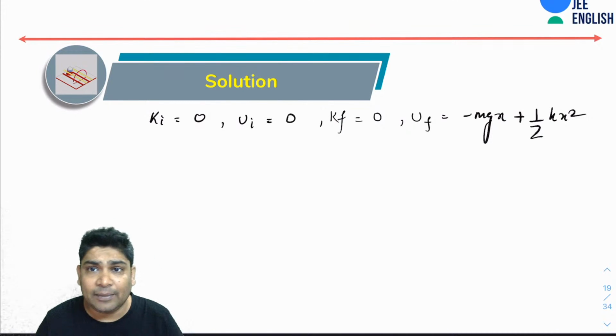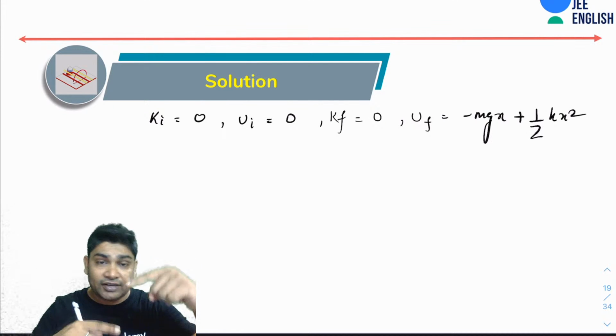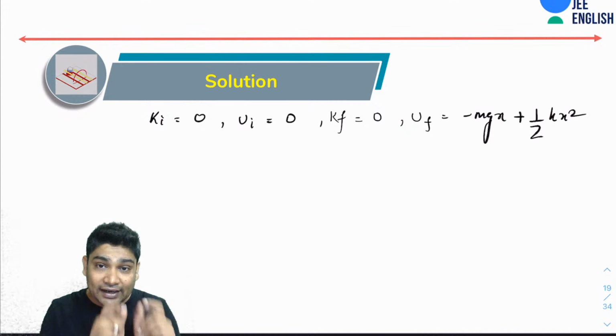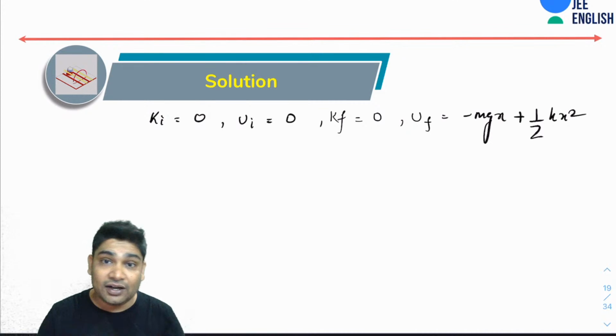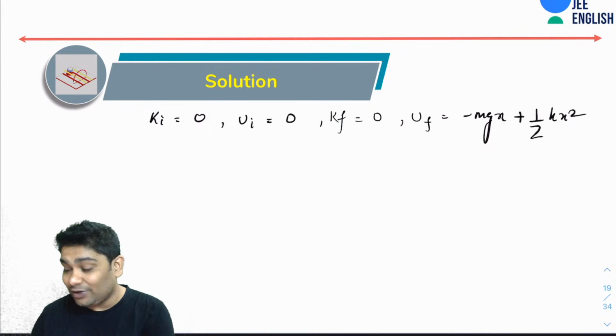I hope that makes sense to everybody. It has come down by a distance x, that is why the gravitational potential energy is minus mgx, and the spring has now gotten elongated by x, so the energy stored in the spring would be plus half kx squared. Now all I need to do is apply energy conservation.